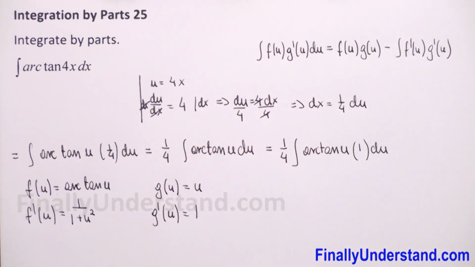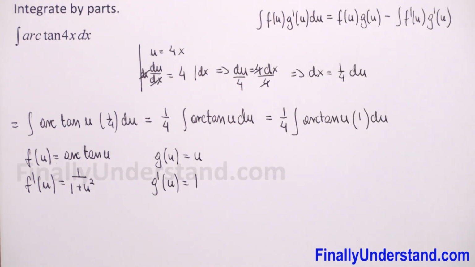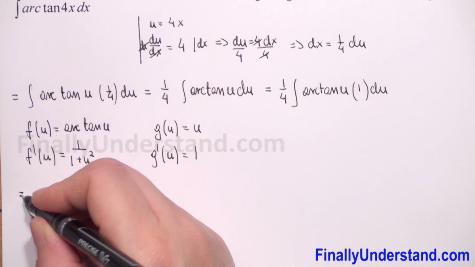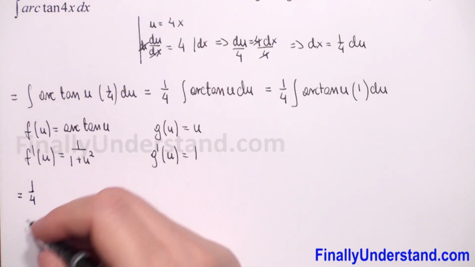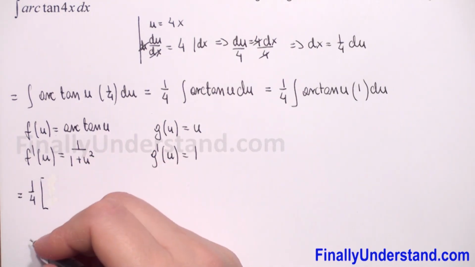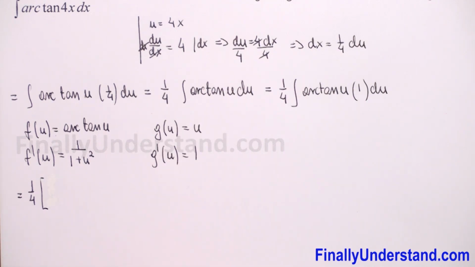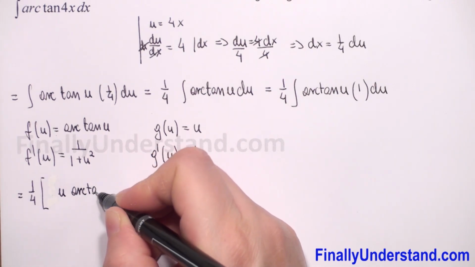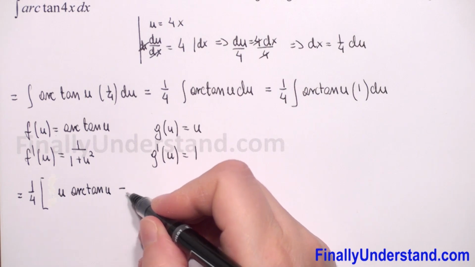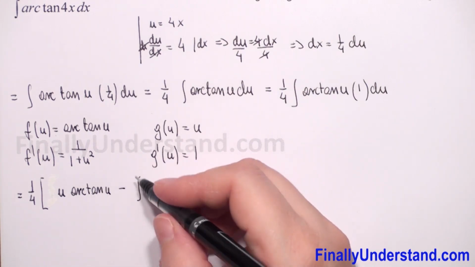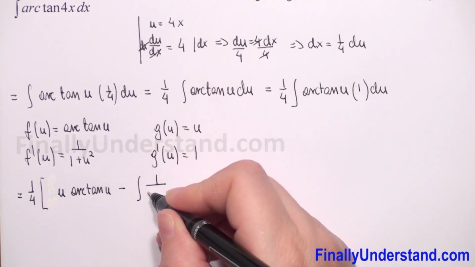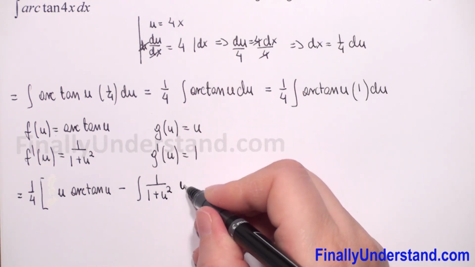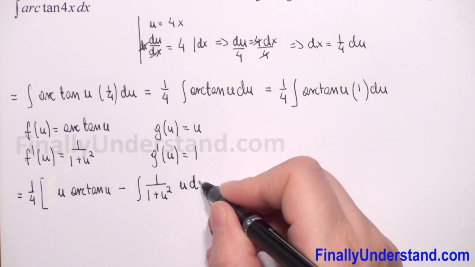Now we can use our formula and rewrite our integral. First we have to copy 1 over 4, and in brackets we will have f times g, so we can put u times arctangent of u minus the integral of f prime, which is 1 over 1 plus u squared, times g with respect to u, of course.